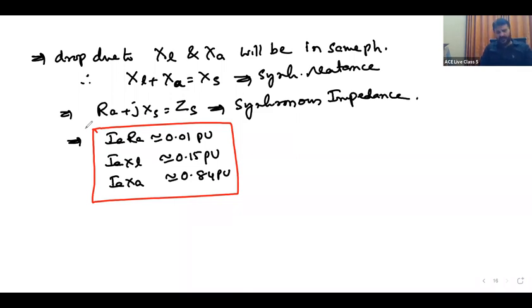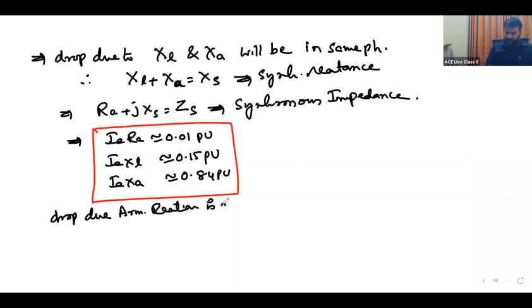IA RA 0.01 per unit. IA XL is the leakage reactance drop, just like in induction machine and transformer. Here also it is the same. I don't want to explain that. But which drop is maximum here? Yes, the armature reaction drop is much more.